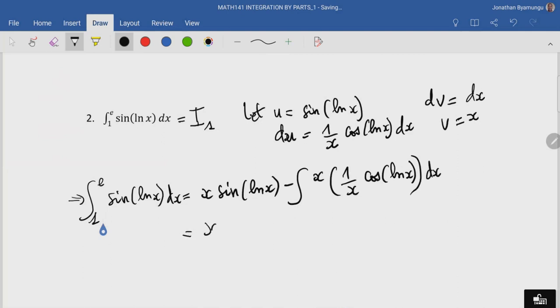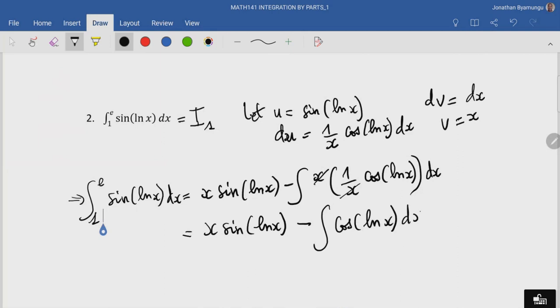This is equal to x times sine of ln of x minus the integral of, obviously we can see that the x can cancel here, so we have the integral of cos of ln of x dx.